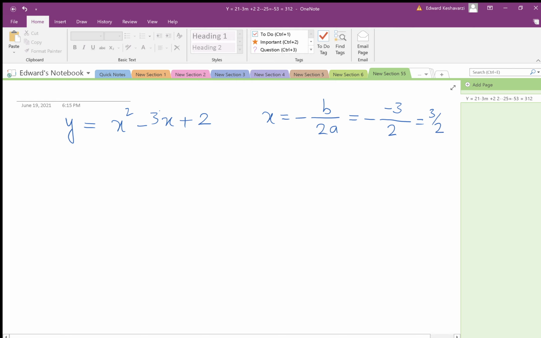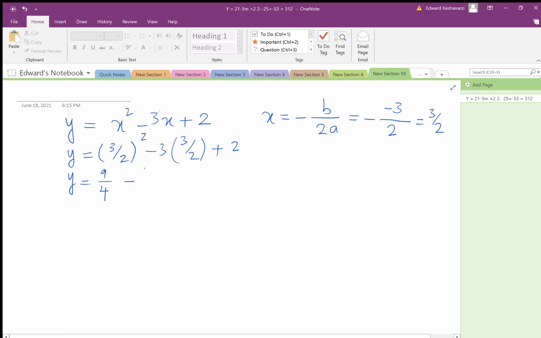Now y would be 3 over 2 squared, minus 3 times 3 over 2, plus 2. So the first term becomes 9 over 4.